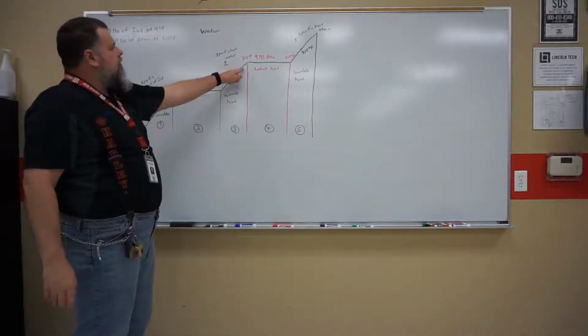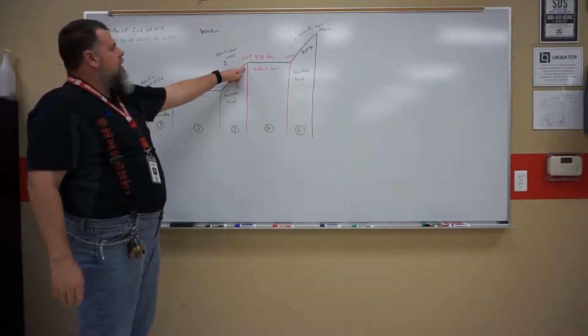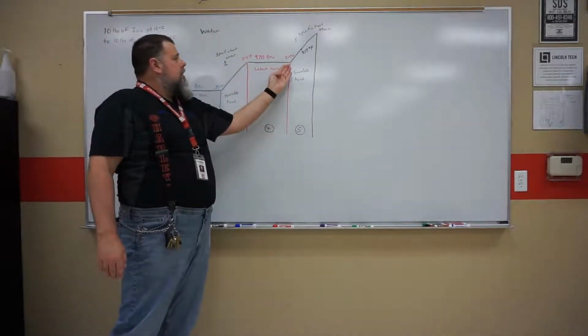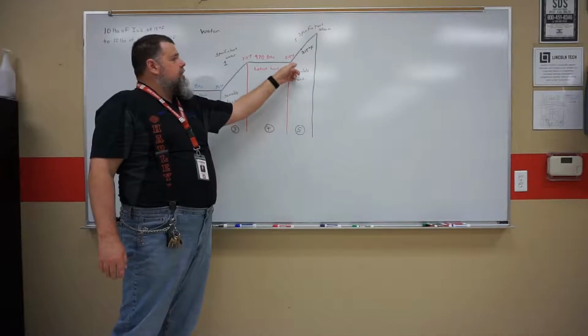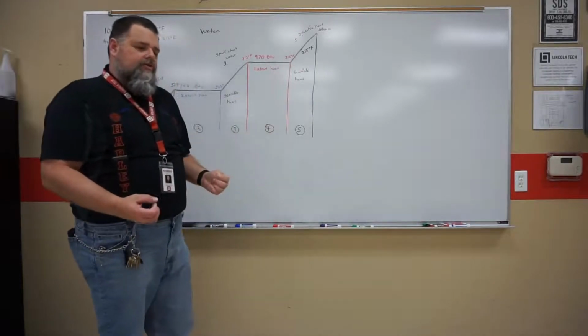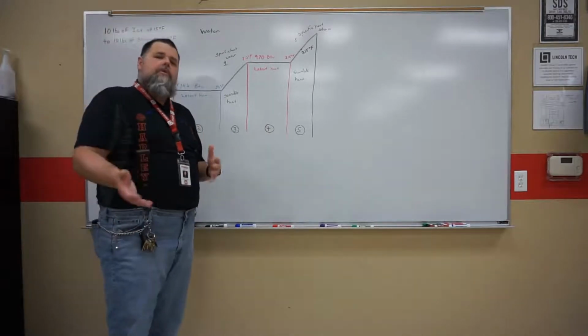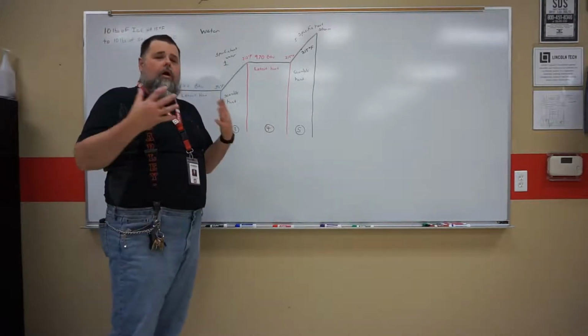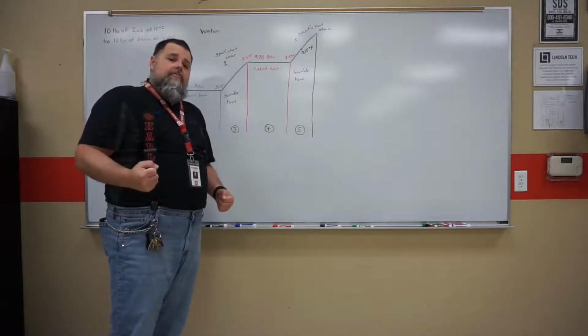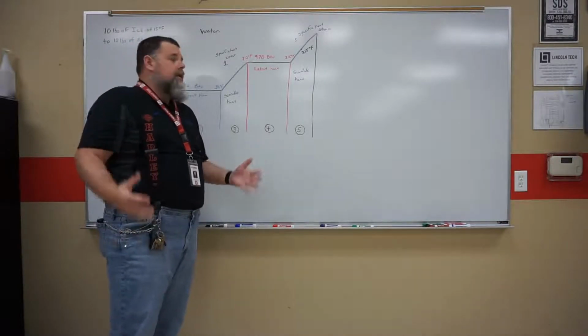As water first starts to boil, we have steam and water at 212 degrees. As we keep on going, we have a total change of state where it changes totally into steam. So if you have a pot of water on the stove and you let it boil long enough, it will boil all the water and turn it from a liquid into steam. You'll have no longer any water in the pot.